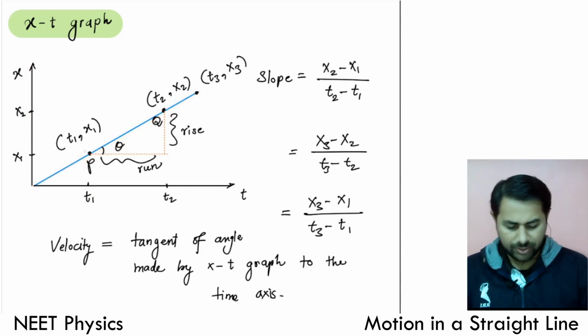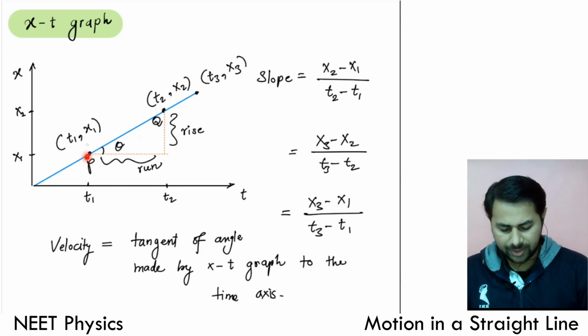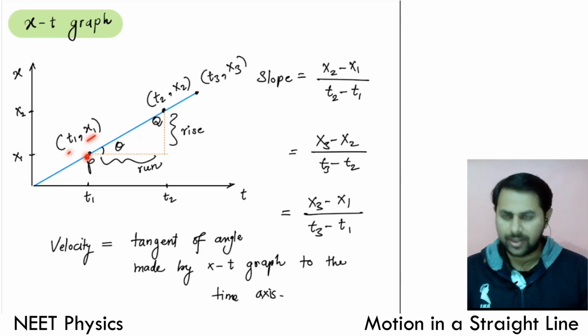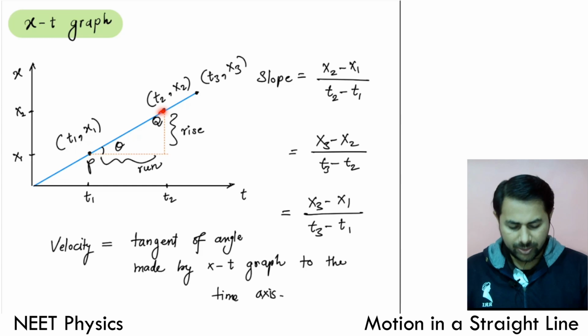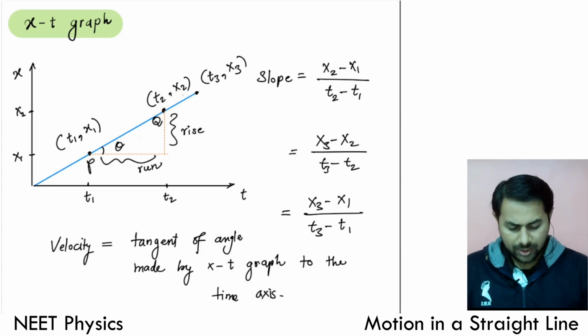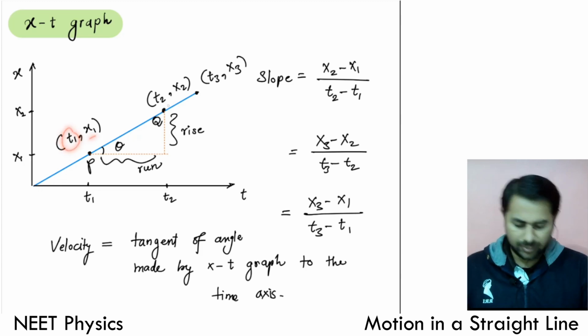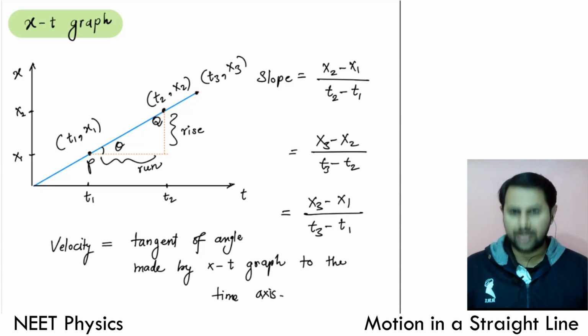So what I will do is take any 2 points on the graph. I can take this point which is x1 at t1, or this point which is x2 at t2. We actually write the horizontal coordinate first, so it is t1 x1. This one is t2 x2, and this point is t3 x3.